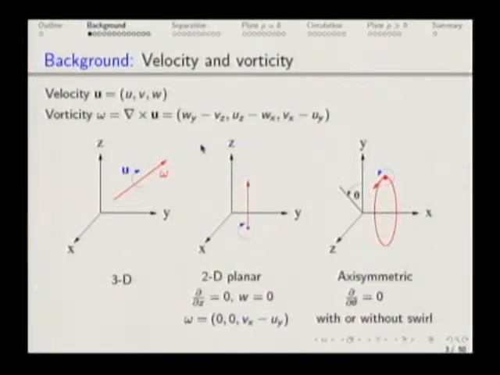You can have swirling flows, with velocity in the theta direction, or not. If you don't have swirl, the vorticity vector points out of the xy plane, and the vortex filaments are circular lines. With swirl, the vortex filaments are helical. What I'm talking about applies to both planar and axisymmetric flows without swirl. Extending it to swirl or to 3D is a lot harder.